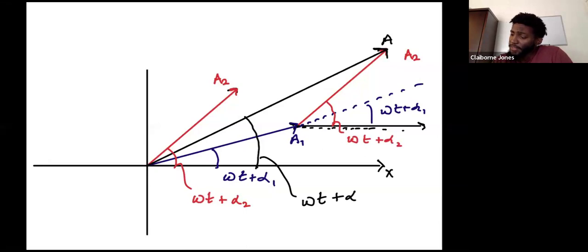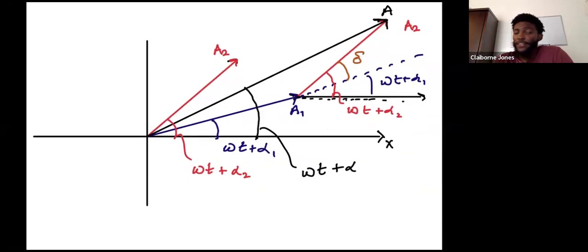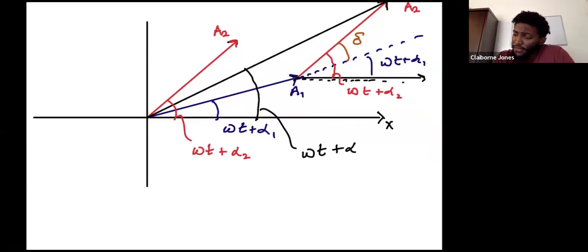And if we're able to determine what this angle is, this angle we'll call delta, we can use the law of cosines to determine what the length of A is, right? So what would this angle delta be? Let's come over here and write out what delta would be.